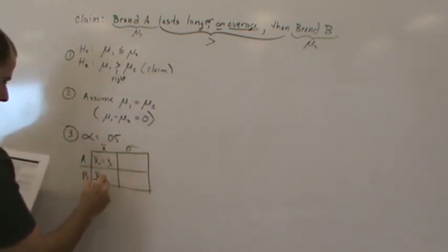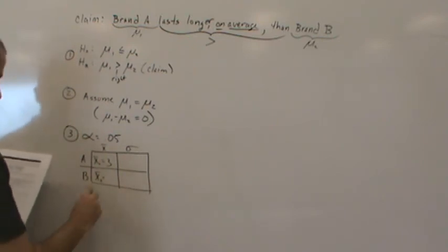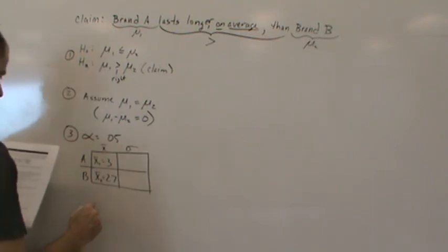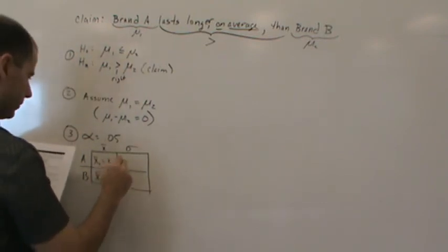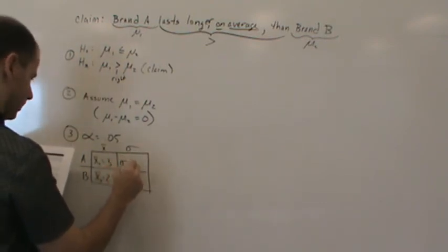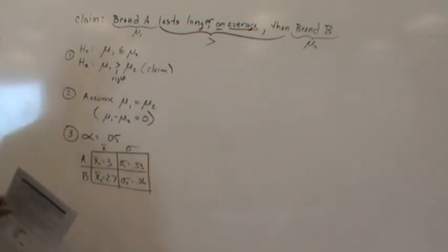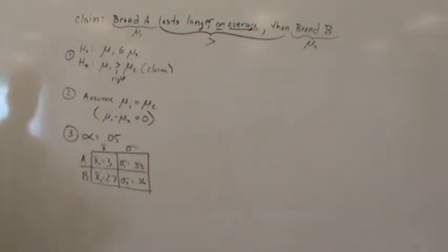X bar 2 is equal to 2.7 months. Standard deviation 1, so sigma 1 is equal to 0.33, and sigma 2 is equal to 0.36. Okay, so there's the data.